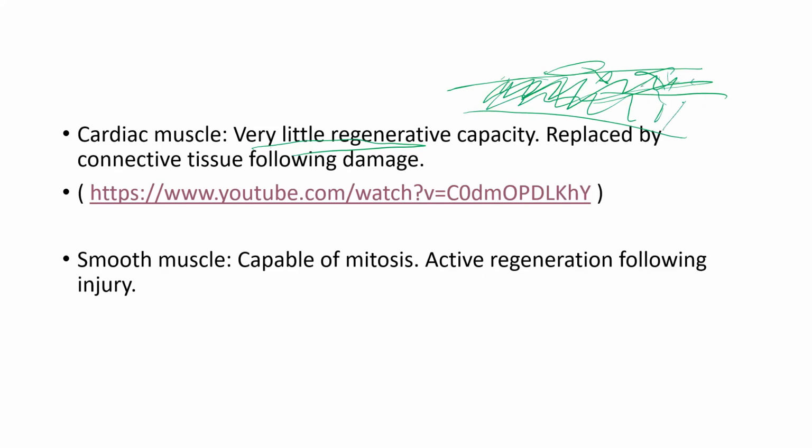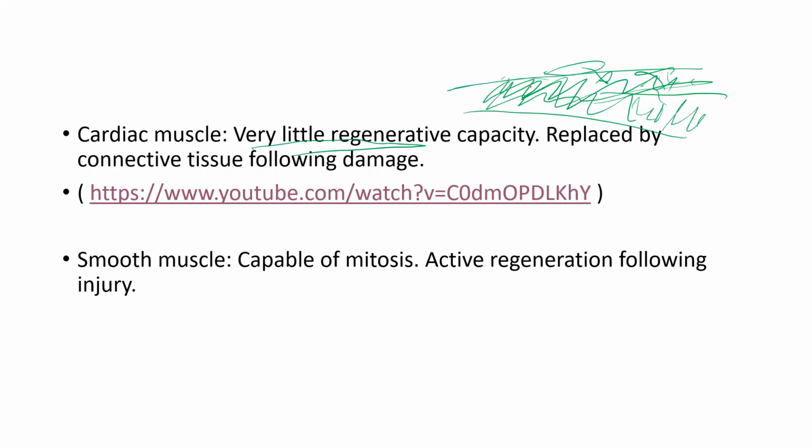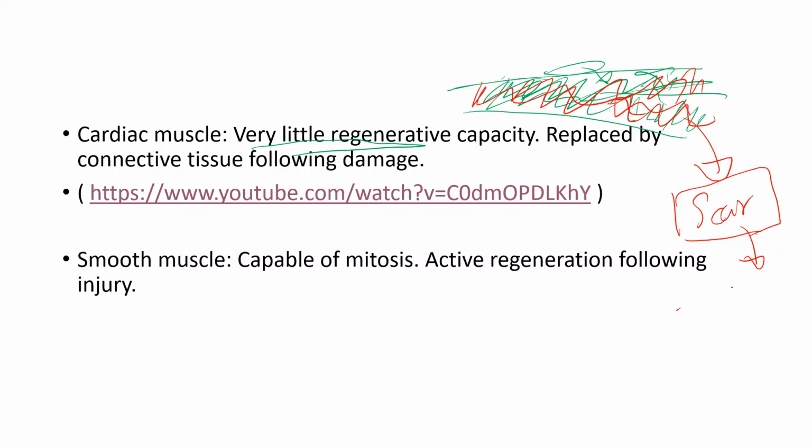So in myocardial infarction, in heart attacks, because of reduced blood supply, the cardiac muscles get damaged, they die off, right? And then they get replaced by scar tissue. This scar tissue can't function as the normal heart muscle, right? They can't contract.